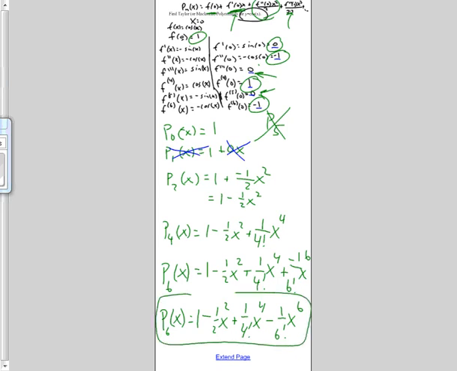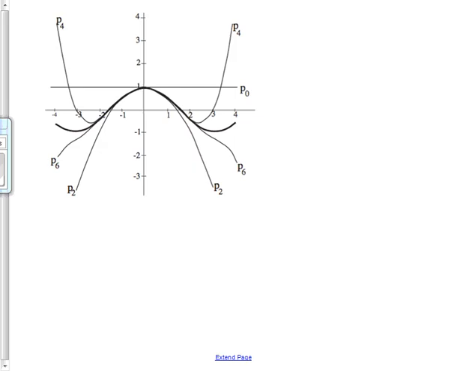If we wanted to look at what those approximations look like, looking at the next curve, in red we've got our cosine. In black we've got our 0 degree polynomial, our constant, which doesn't work very well, but it works a little bit. In green, we've got our 2nd degree polynomial.